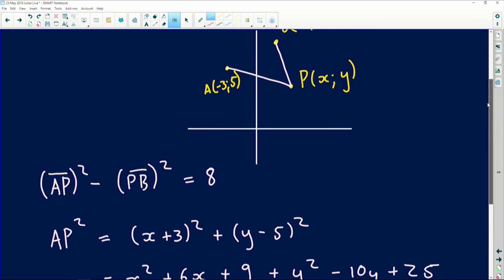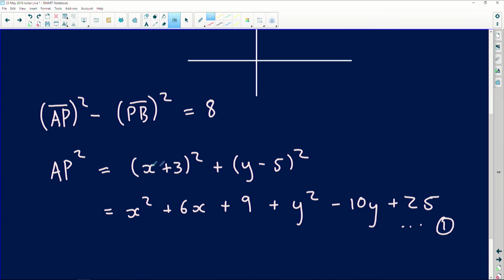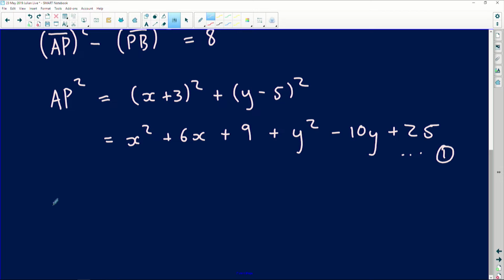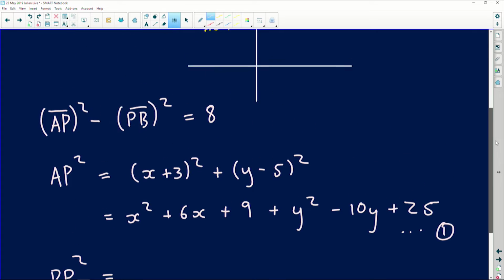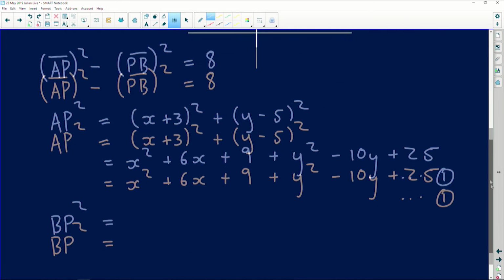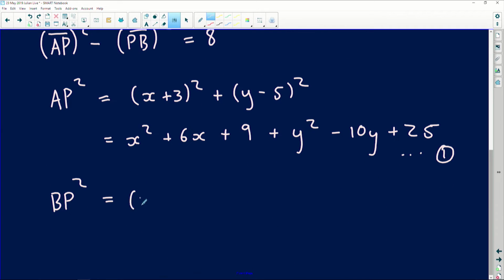So we've now found a distance for AP. We're now going to do the exact same thing for PB. If I find PB squared, or BP squared, doesn't really matter, I'm going to have 2 and 6 on my two values. So I'm going to have (x minus 2) all squared plus (y minus 6) all squared.